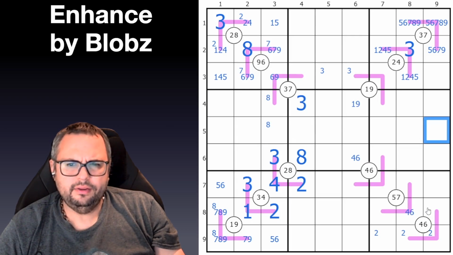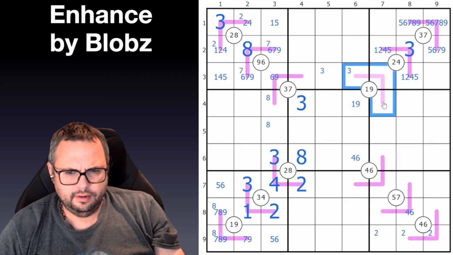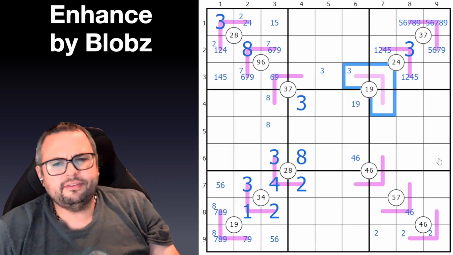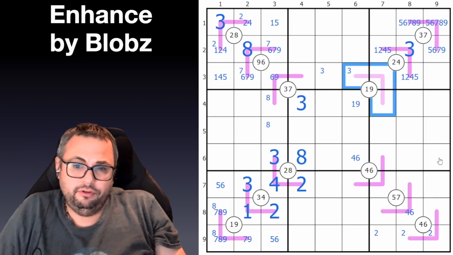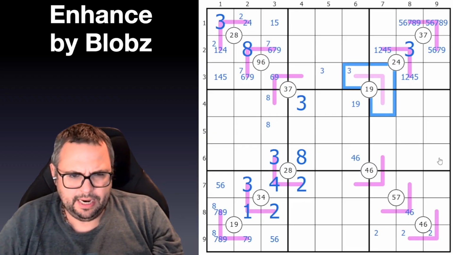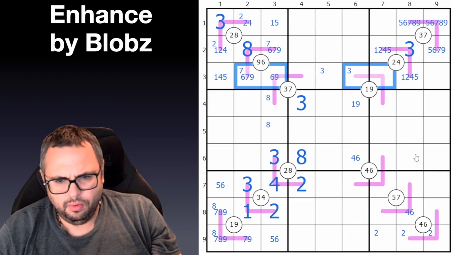Looking at 3s. I don't think I have any profound statements to make about 3s at the moment. Okay, this is kind of interesting because I guess I know that this Renban is either 1, 2, 3 or 7, 8, 9. Does one of those break very quickly? 7, 8, 9 would make a triple in this row.